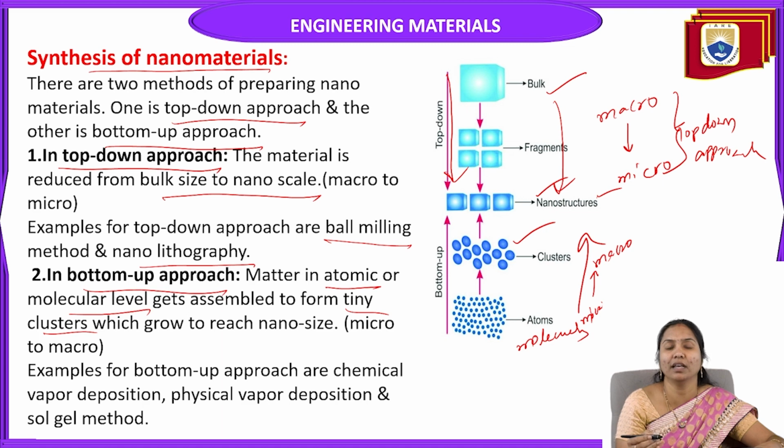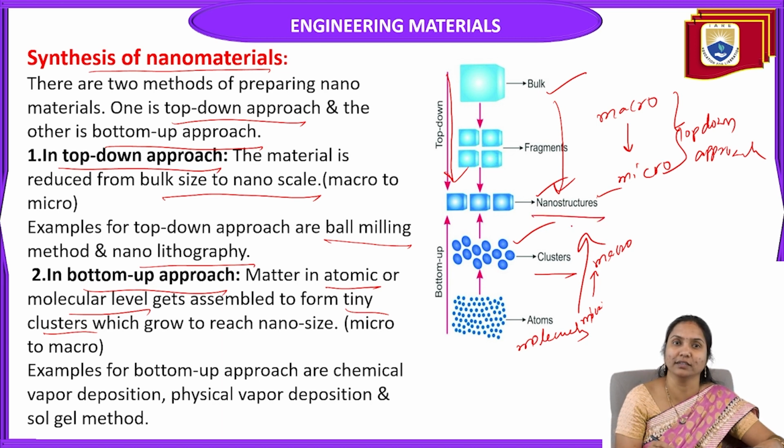Simply, the best common example is brick to building. So in the bottom-up approach, matter at the atomic or molecular level gets assembled to form tiny clusters, which grow to reach nanoparticle size. Simply say micro to macro, bottom-up approach.